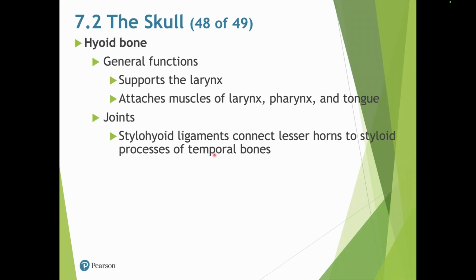And you're like, what are you saying? It is a free-floating bone, and it connects to other bones via ligaments. It does not have direct articular connections to other bones. It does not directly articulate.